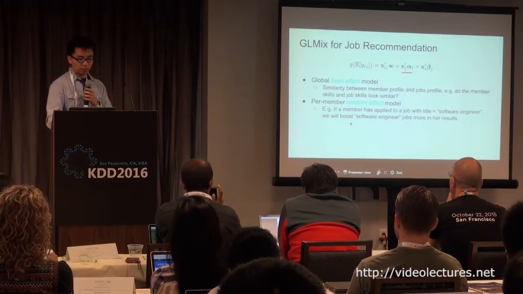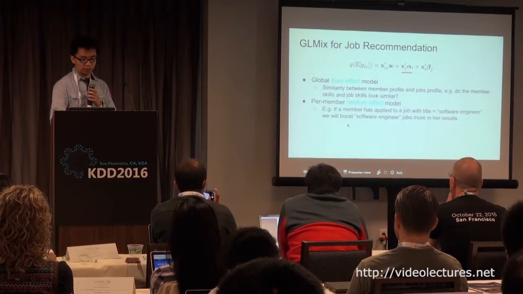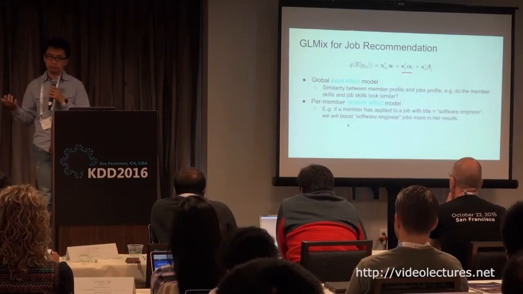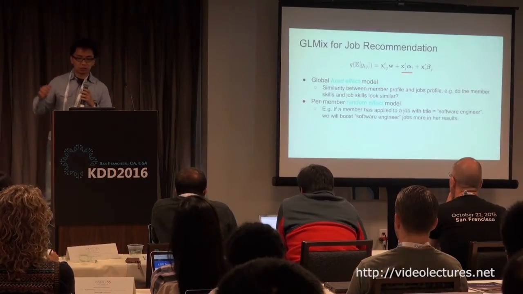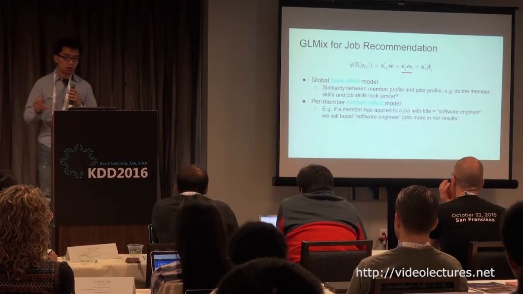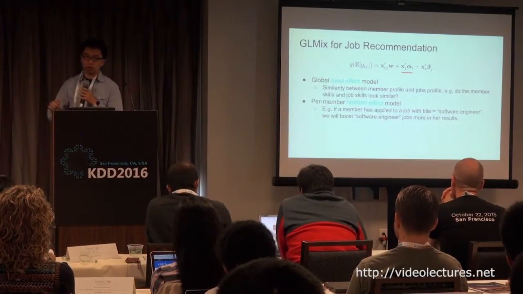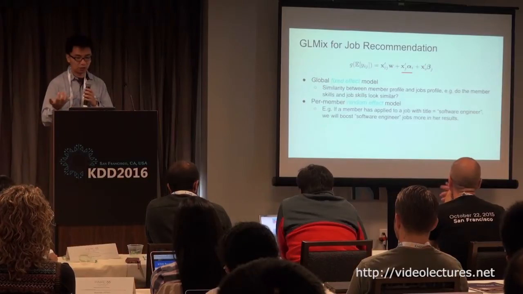In this per-member random effect model, for example, if a member has applied to a job with the software engineer title, what will happen is that in future recommendations, we will boost all the software engineer type jobs for that particular member.